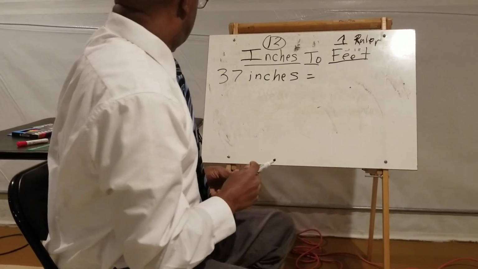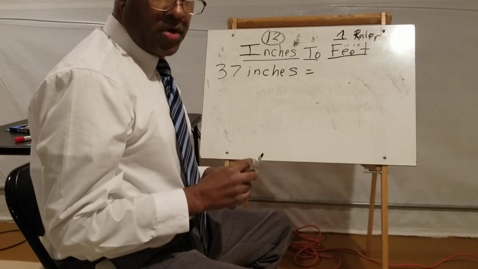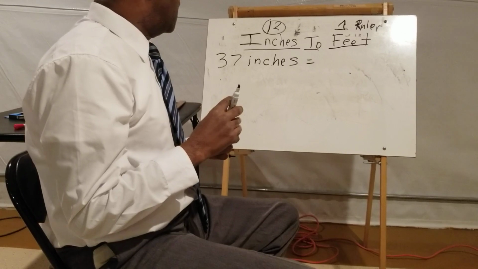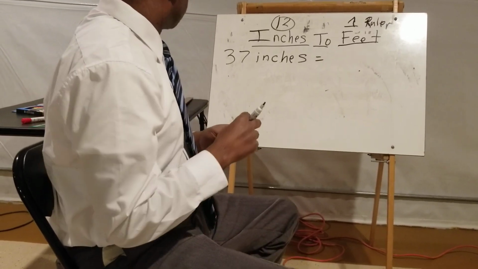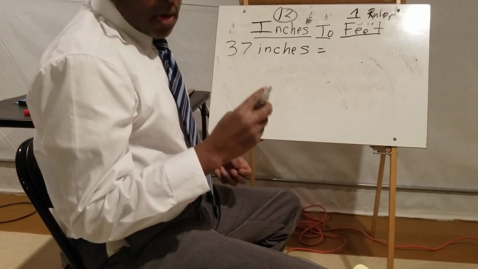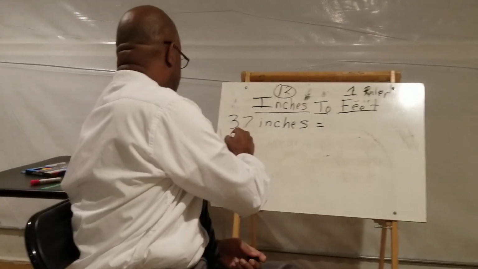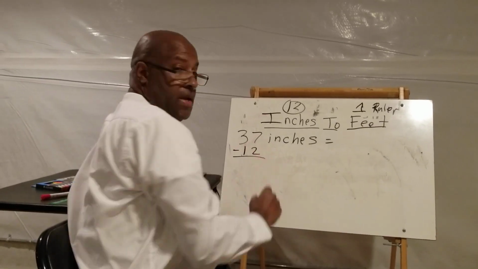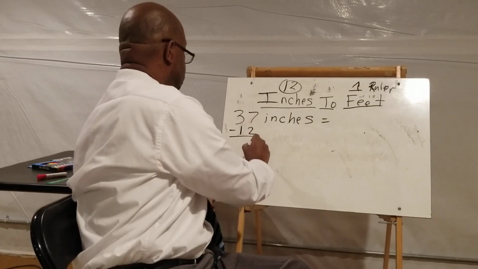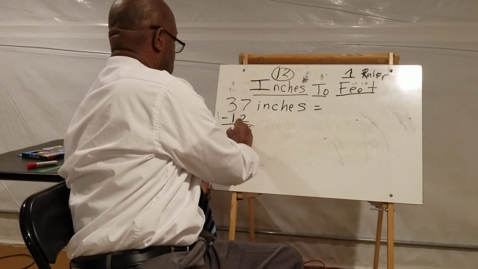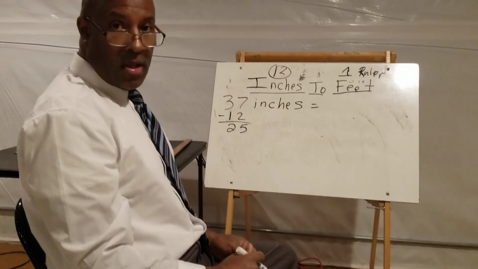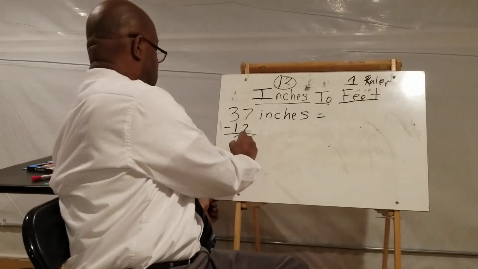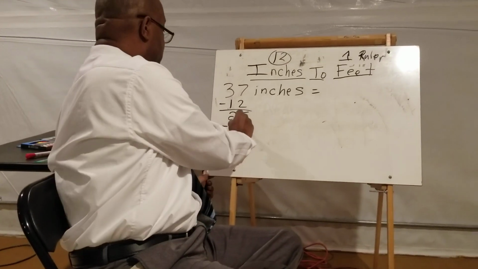Okay, so I've always said, boys and girls, there's always more than one way to skin a cat, and we've always talked about that, figuratively speaking. So one person may want to keep subtracting 12 inches. Okay, you still have 25 inches left. So you subtract another 12.